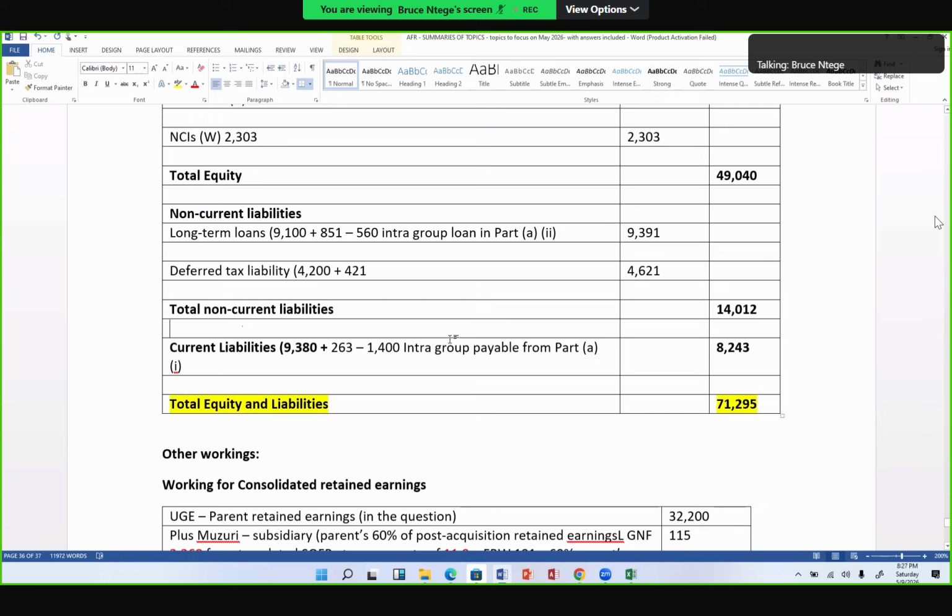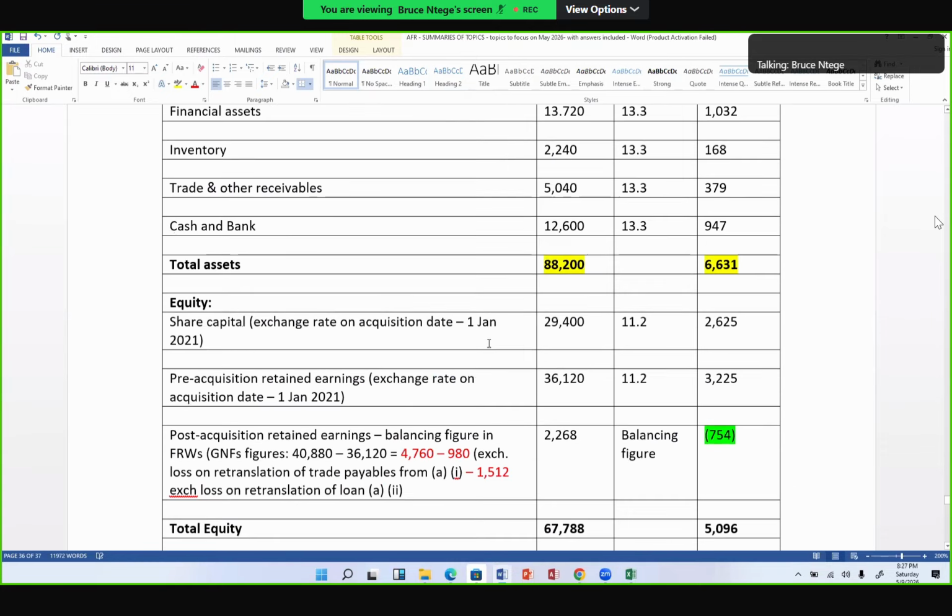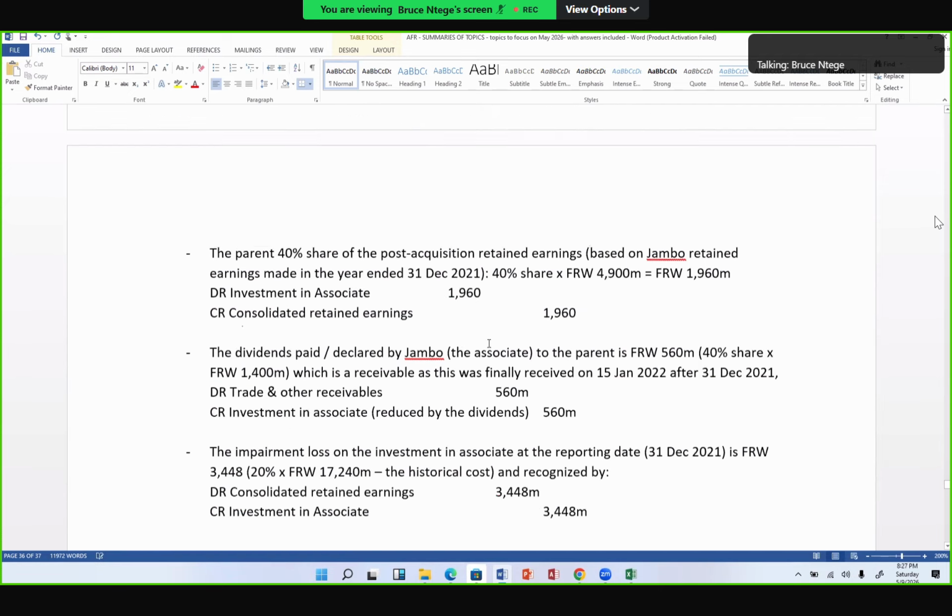So the main take-home here is that in this question, you've done three big things. There's a fourth you've done, but there are three big things. One of the things you've done is that you have translated goodwill of a foreign subsidiary.